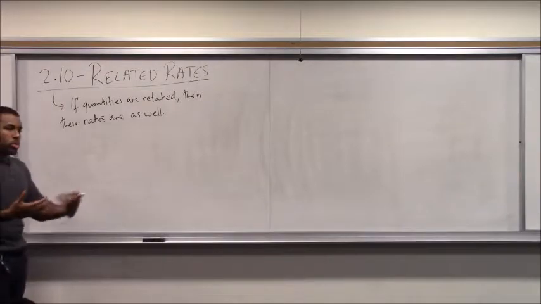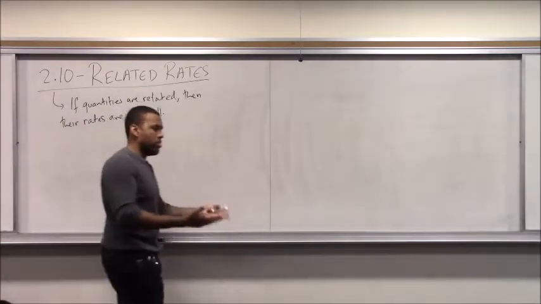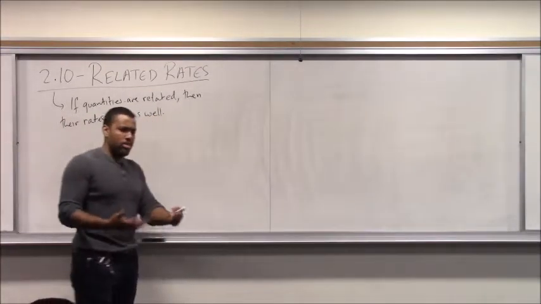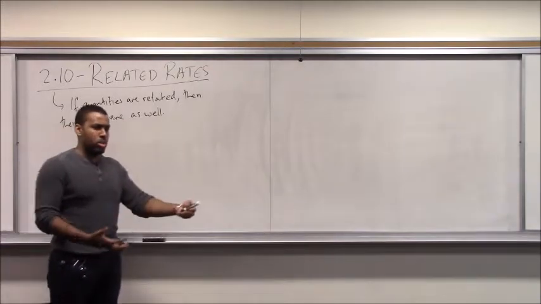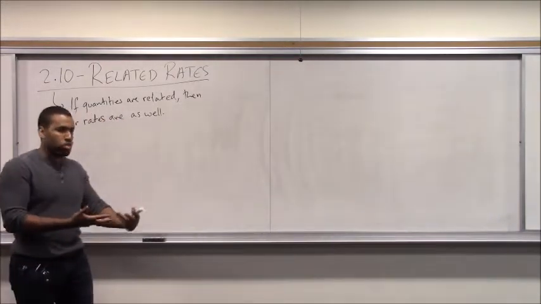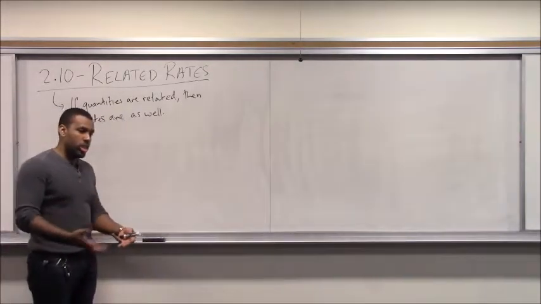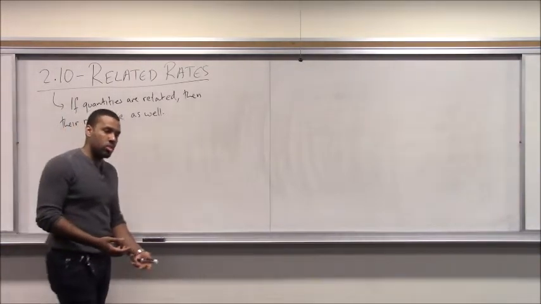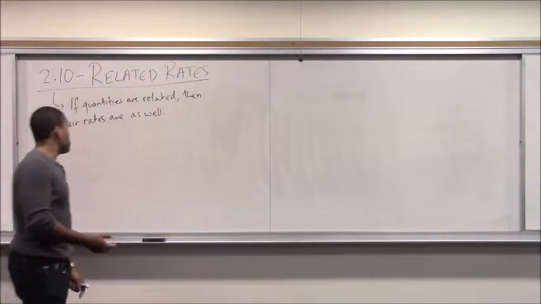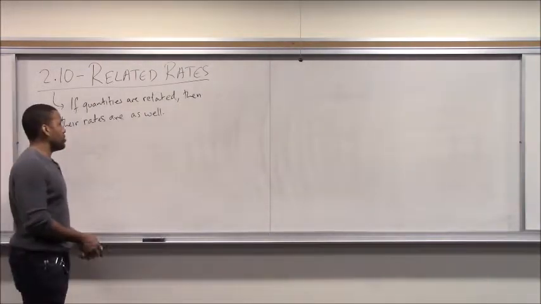So if I can talk about two things that are related to each other, let's say I'm studying chemistry and I have an equation that relates the pressure and volume of a gas. This is a relationship between those two quantities. It turns out how fast one is changing is directly connected to how fast the other one is changing as a consequence. And you can actually figure that out.